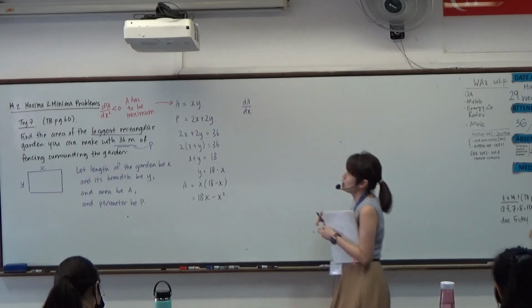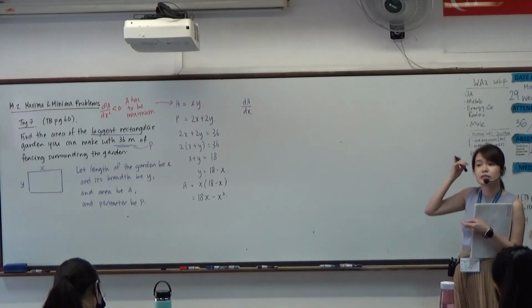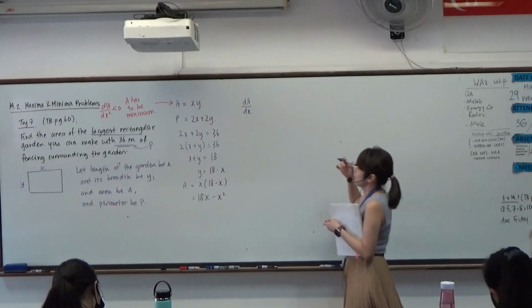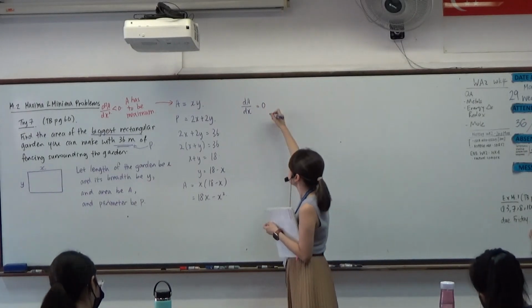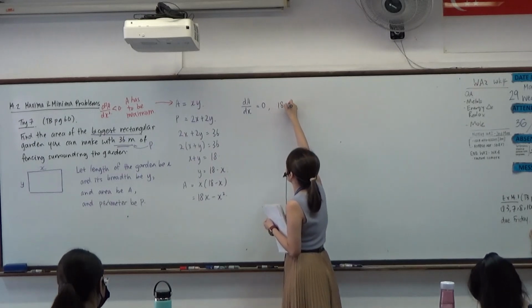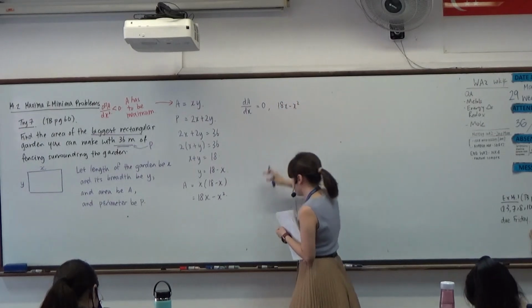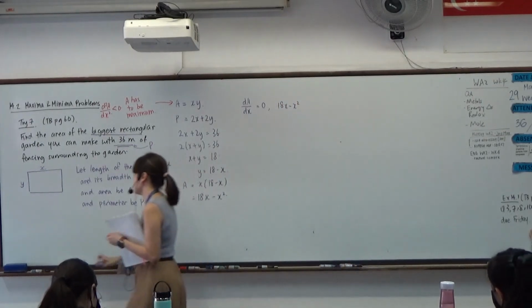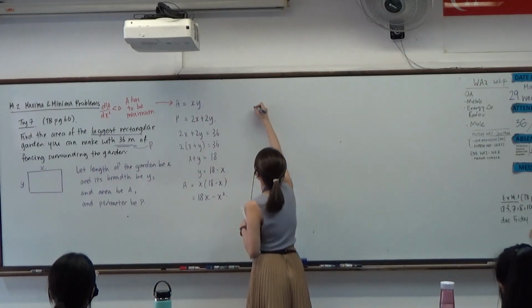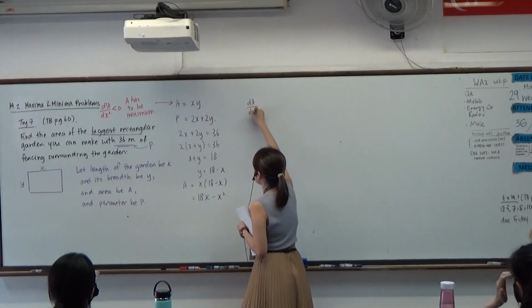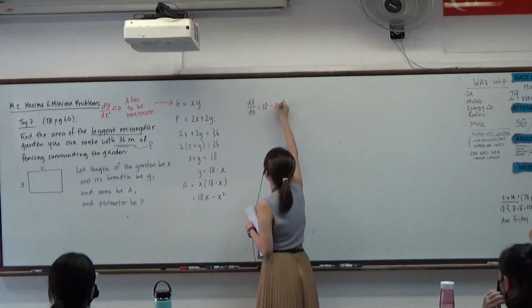Because we are looking for a maximum point that is a stationary value, your first derivative must be equal to 0 in the first place. So dA over dx, sorry, I forgot to find dA over dx. So we find dA over dx first.